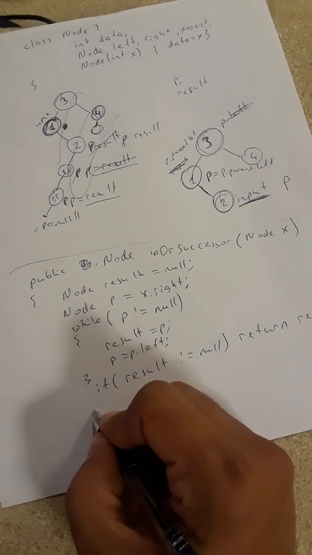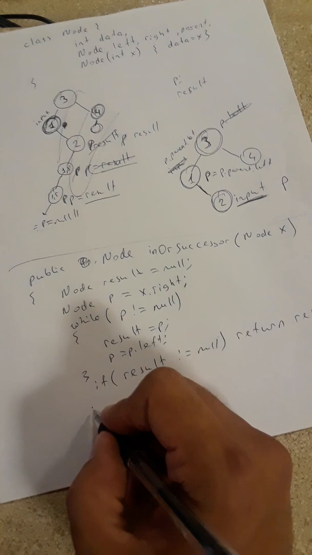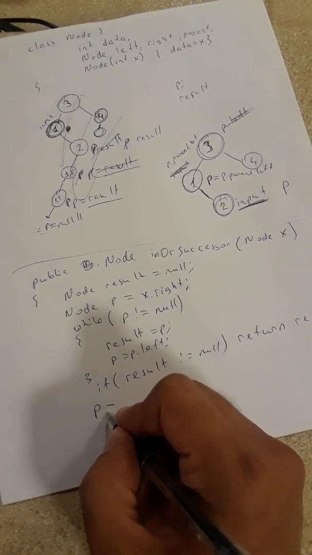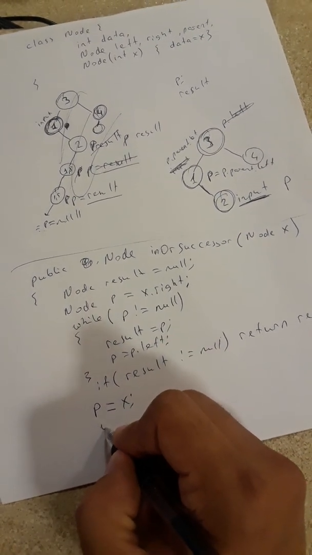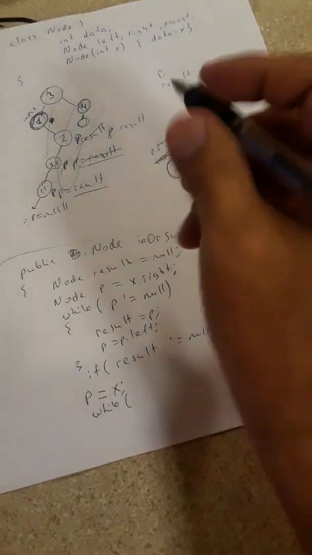Otherwise, if we don't have a right child of the input node, we make p equal to x itself. Then we go all the way up.